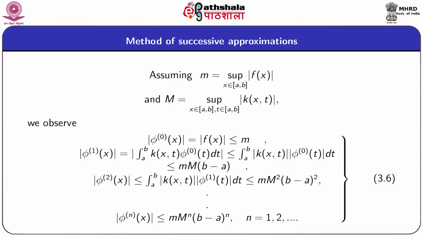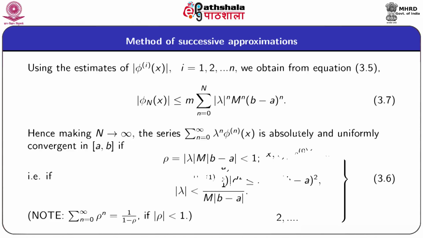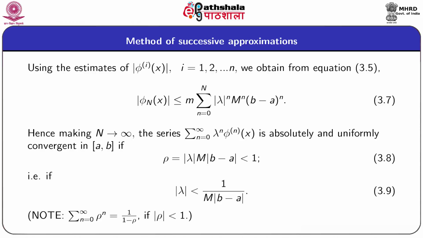So, we have obtained the estimates of φ_j(x) from equation 3.6. If we use these estimates in equation 3.5, we can get an estimate of the capital Nth approximation φ_N(x), as given in equation 3.7.